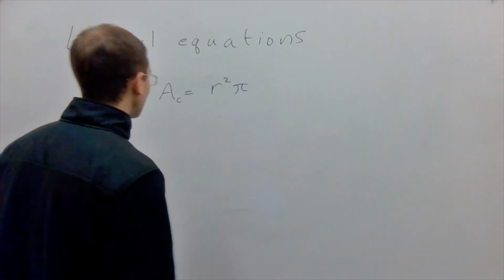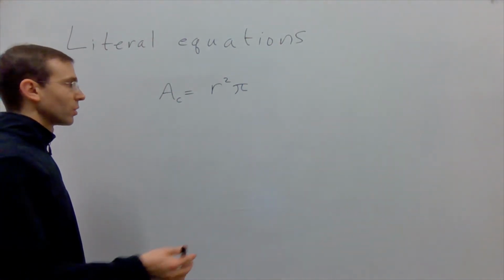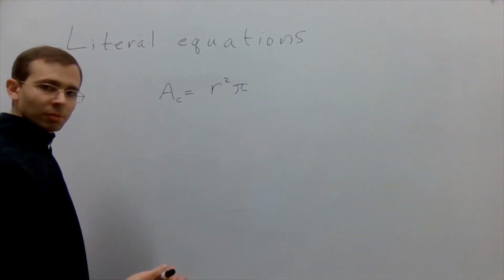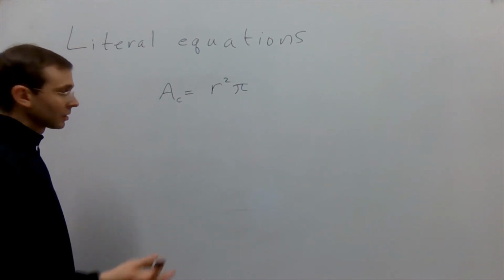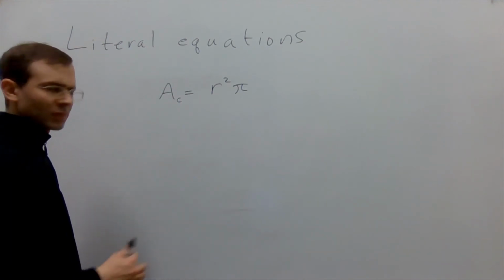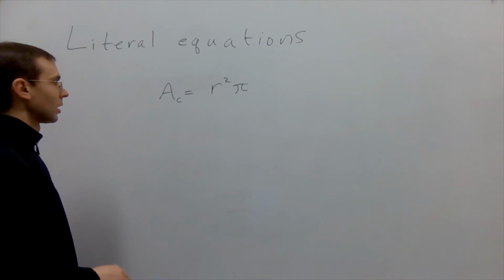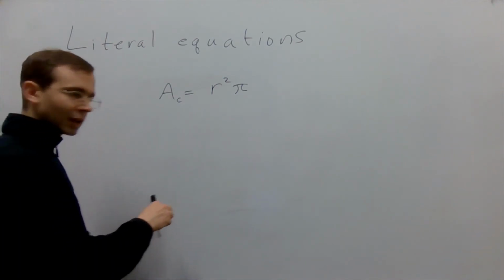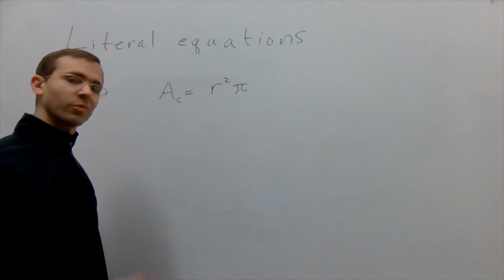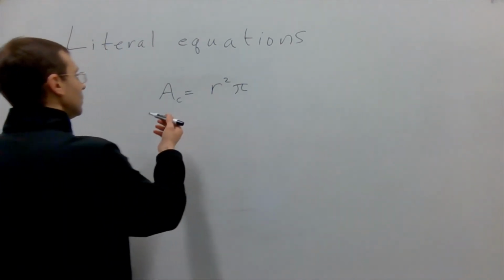In that case, we're going to have to solve this equation for r. We'd like to have r by itself, the radius, on one side of the equation. Left or right is not important, though I suppose it's pretty common to want to get the letter that you're solving for on the left.